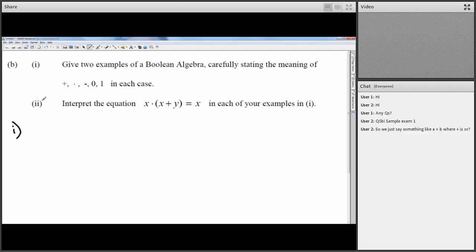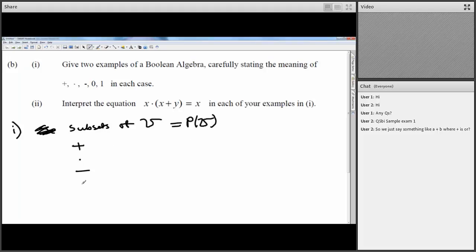So the easiest example of a Boolean algebra is subsets of U, for example. That's one example. So you've got a collection of subsets of some universal set. Or putting it another way, it's the power set of U. So first thing you need to give is what all the different things are that make up the Boolean algebra. Then you just tell me what each of these corresponds to.